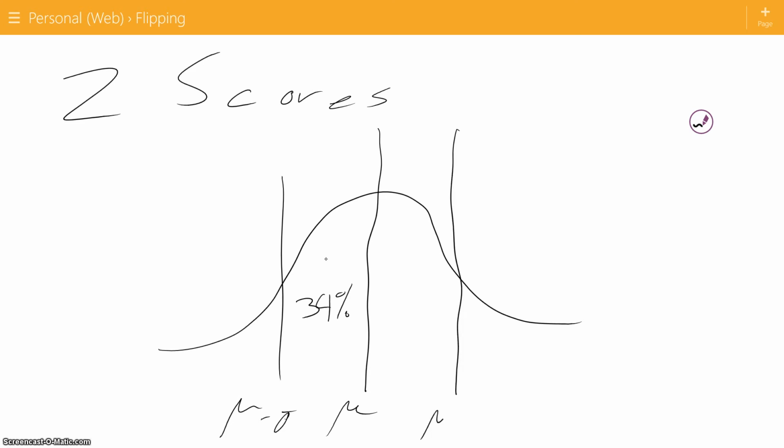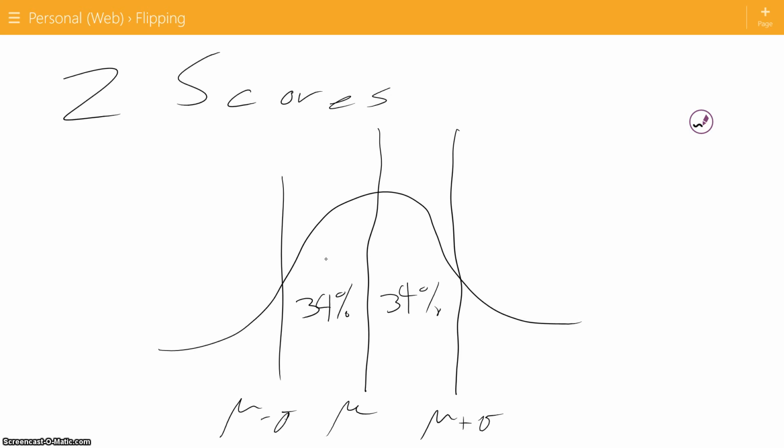Similarly, I could go one standard deviation to the right, and I know that I have 34% here. That's all fine and dandy, but what about those cases where we don't have a very tidy distribution like this, where I don't know exactly that I'm one standard deviation away?